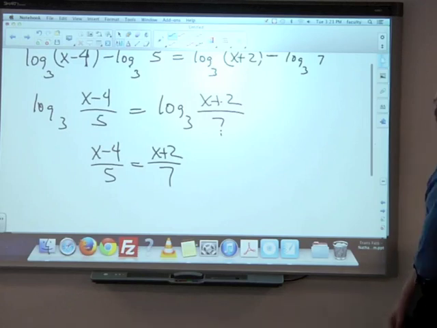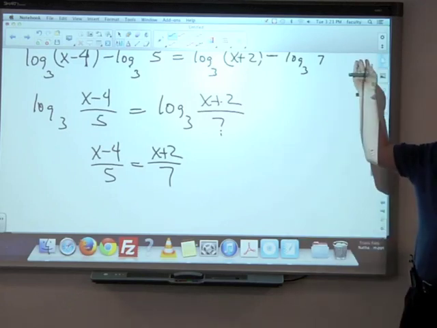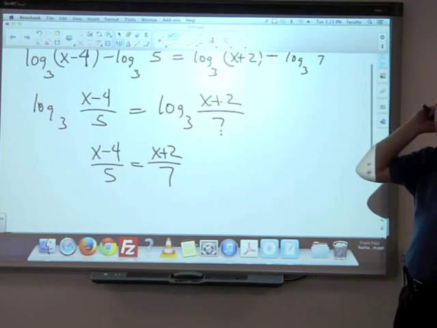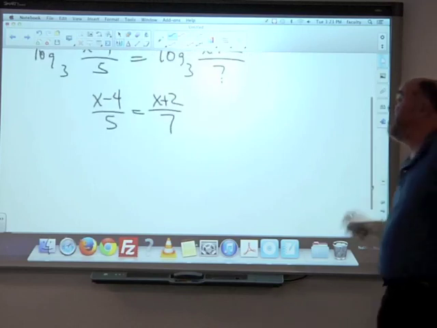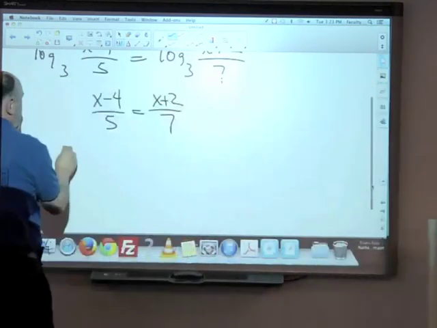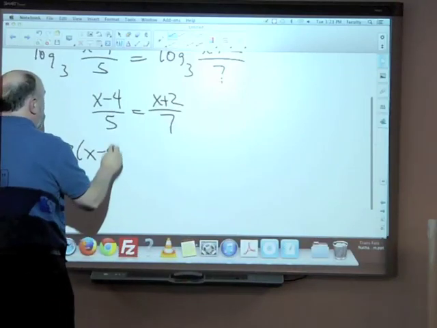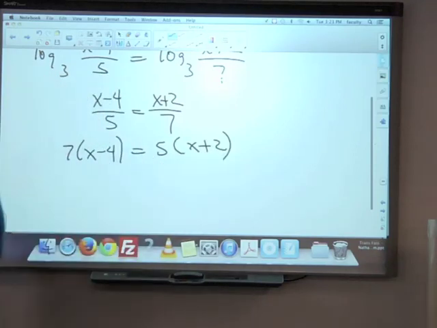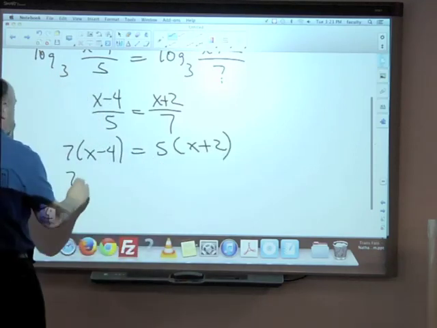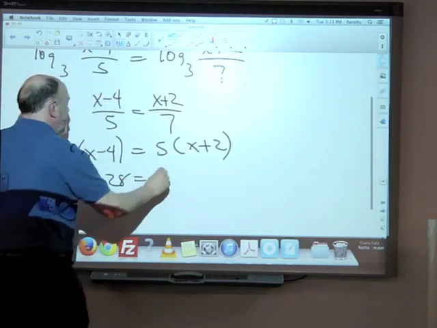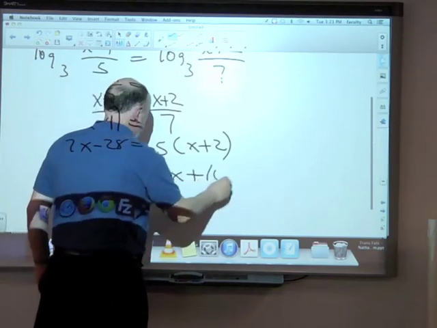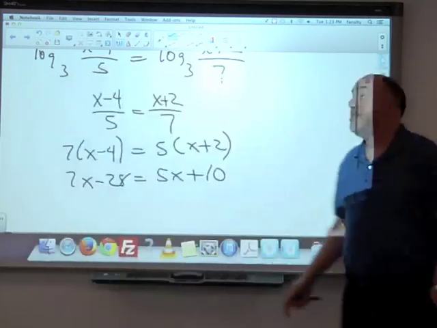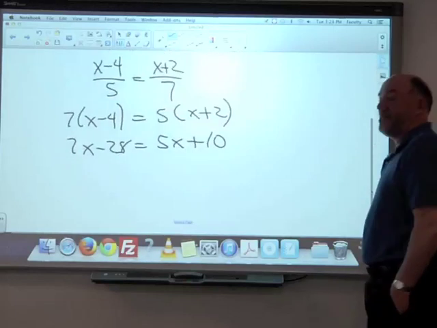All right. So now this is just a simple proportion. The first step is to cross multiply. So this will be 7 times the x minus 4 is going to equal 5 times the x plus 2. 7x minus 28 is going to equal 5x plus 10. The rest of this should not be a problem, right?